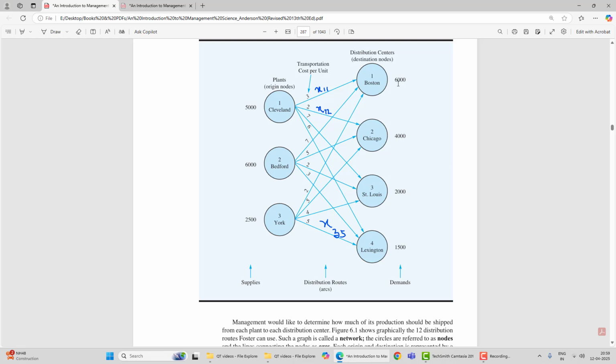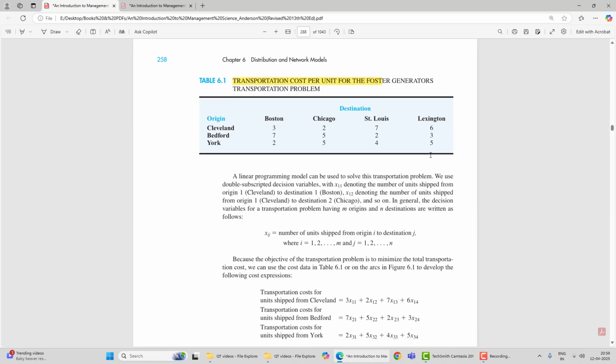Now about the distribution centers, we can write that whatever is coming into the distribution center should be sufficient to meet the requirement. So x11, x21 and x31 all are coming to Boston. So these three together should be equal to 6000.